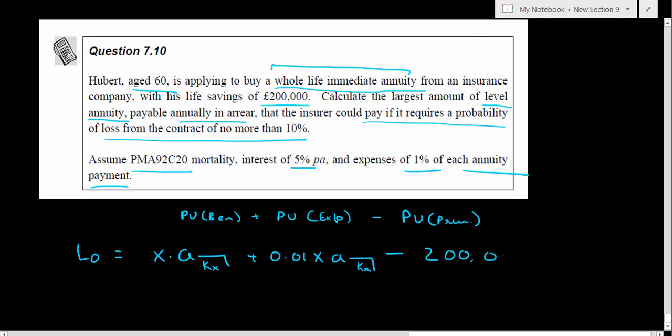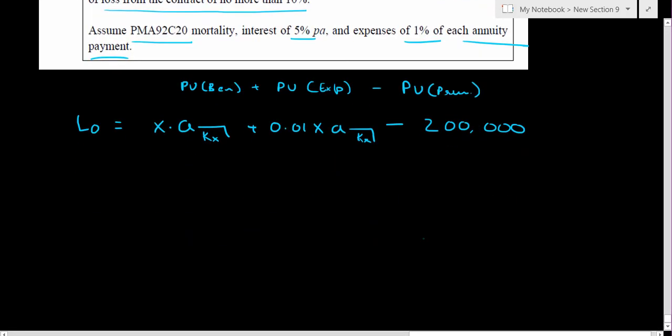It is 200,000 pounds, right? So no doubt about that. Let's write it properly. These two would add up to be 1.01, and this is a angle K, where the age of the guy is 60, minus 200,000. So this is what I need, and obviously there is an X.